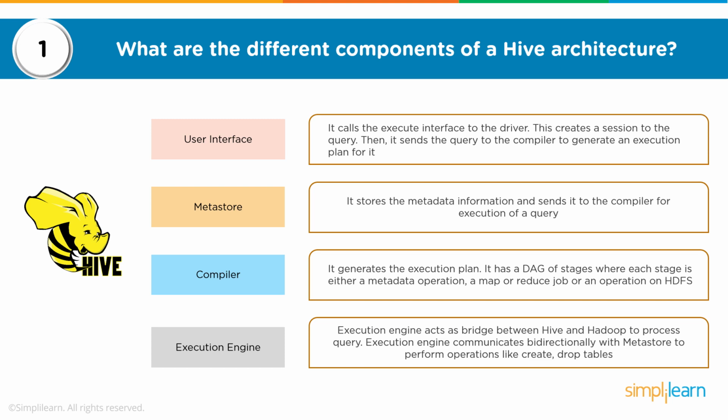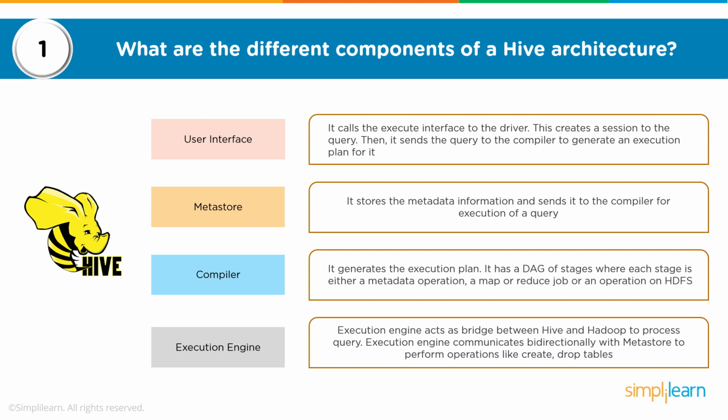Now, to establish the connection between RDBMS and Hadoop, we need an ODBC or JDBC connector jar file, and that connector jar file has a driver class. Now, this driver class is mandatory to create a connection between Hive and Hadoop. So the user interface creates this interface using the driver. Now we have the Metastore.